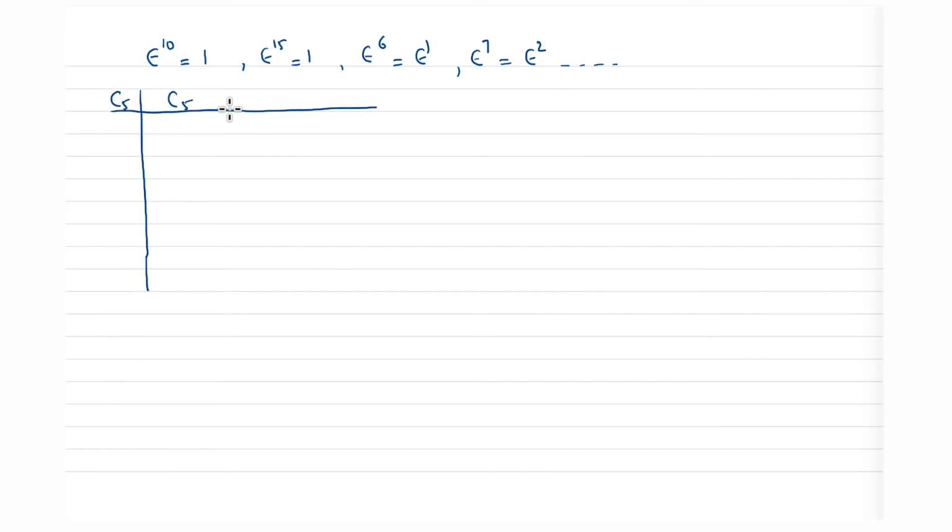So let's say C5 square, cube, C5 4, and C5 5. So we have tau 1, tau 2, tau 3, tau 4, tau 5. So I had 1, 1, 1, 1, 1 here.